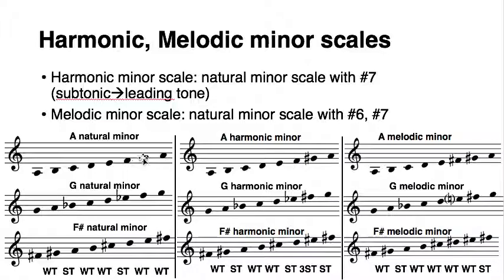You'll remember that the difference between a subtonic and a leading tone is that the subtonic is a whole tone away from tonic, and the leading tone is but a semitone away from tonic. This raising of the 7th scale degree increases the strong pull that scale degree 7 has towards the tonic, but it creates a problem in its wake.